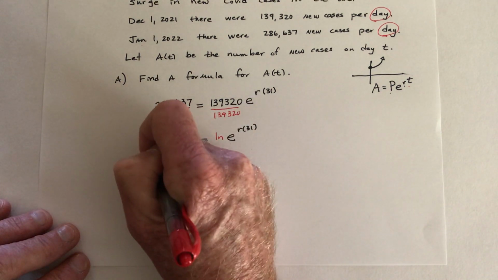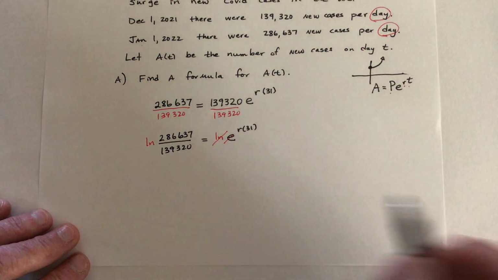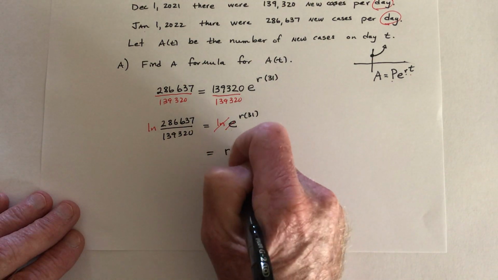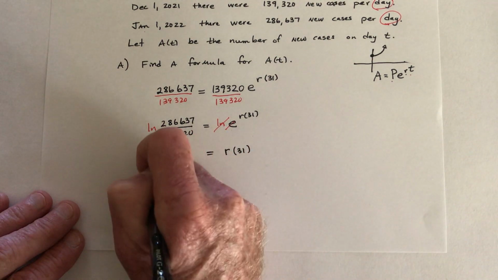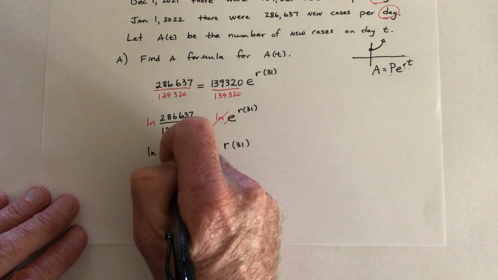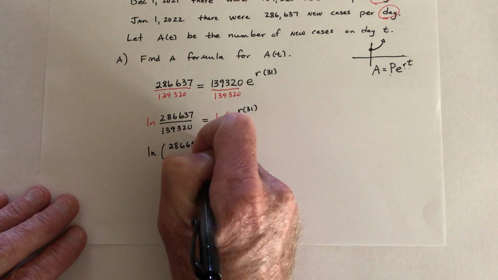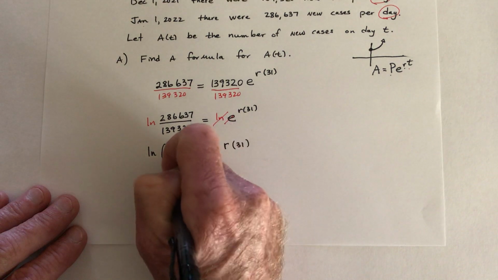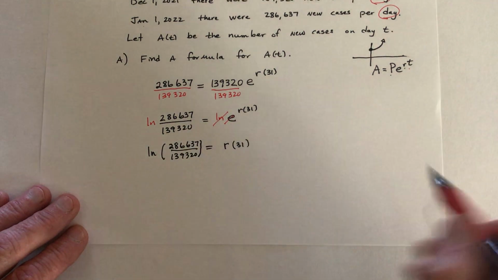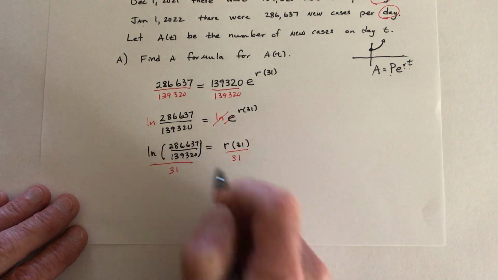So take natural log of both sides. These two are going to cancel each other out. So on the right side, it just leaves r times 31. And then the left side has natural log of that fraction. And finally, to solve for r, all I need to do is divide both sides by 31.